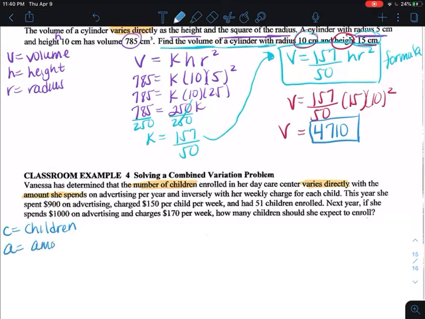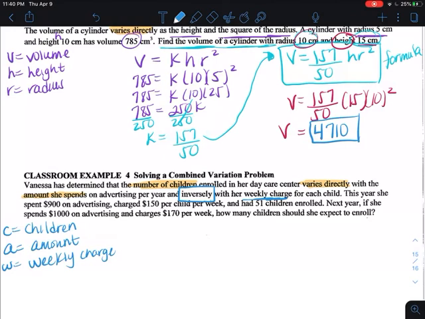So let's say A stands for the amount she spends on advertising per year, and inversely, so we have a new word now. Whatever follows the word inversely is going to go below the K. Inversely with her weekly charge for each child. So W would be our weekly charge.